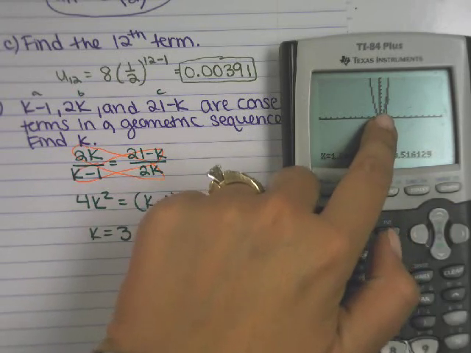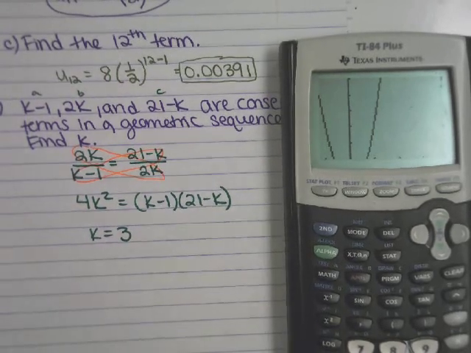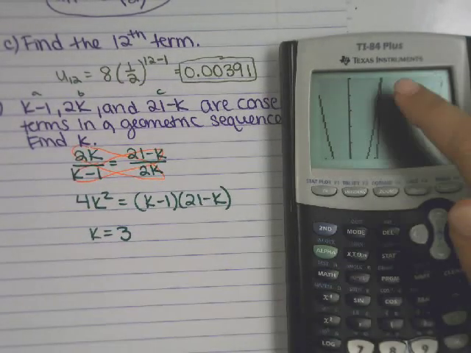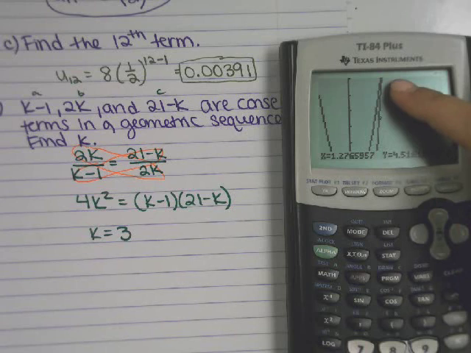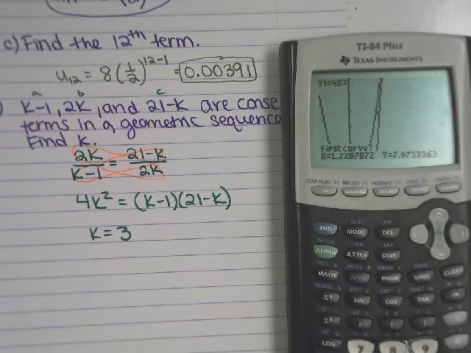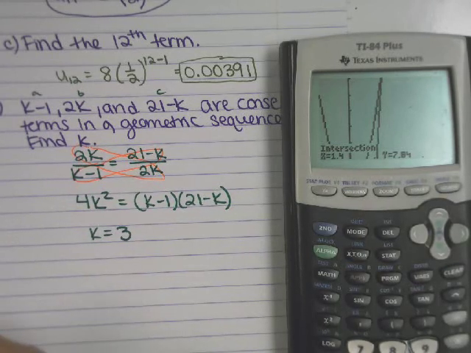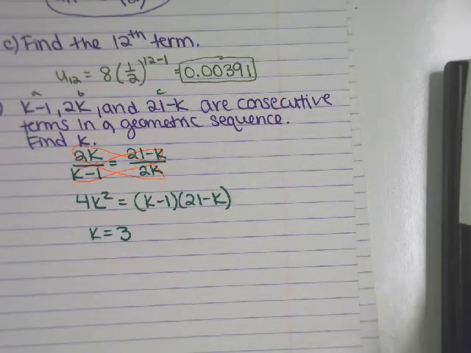Let's see if anything shows up. If not, we'll try some other strategies. Oh, maybe up there? Let's see if it'll give it to us. Second, calculate, intersect, enter, enter, enter. Yay, it did! So you kind of have to play around with it until you can figure out where it intersects, but it does intersect at 1.4, and so that's our other solution.